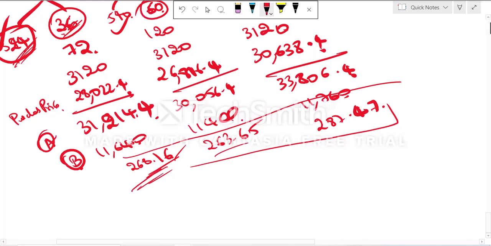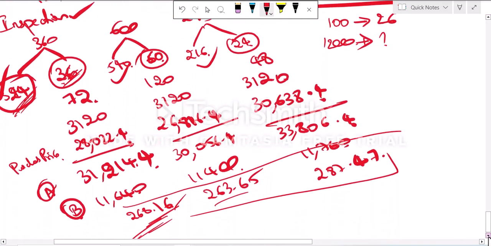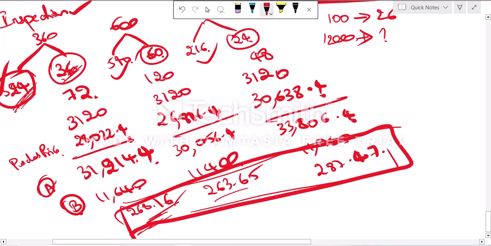Here 263.65 versus 253.84, again inspection is costly. In the last scenario, 269.39 and 287.47. So in all three cases, inspected goods are costly. From a financial perspective, it is not economical to inspect the goods, but if they consider qualitative aspects and the long term, inspection is suggested.